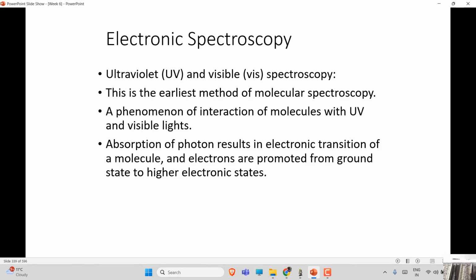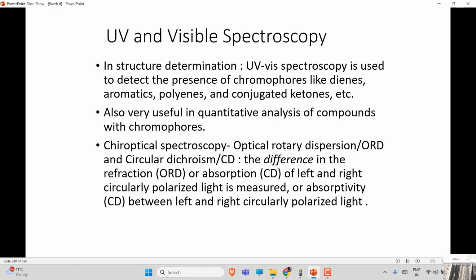In structure determination, UV-vis spectroscopy is used to detect the presence of chromophores like dienes, aromatics, polyenes, and conjugated ketones. Also, it's very useful in quantitative analysis of compounds with chromophores.